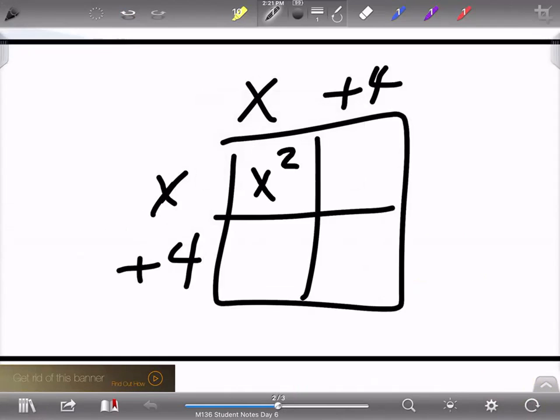I'm going to look to the left and see x. 4 times x is 4x. For the bottom left box, 4 times x is again 4x. And then last but not least, that bottom right box, 4 times 4, which is 16.